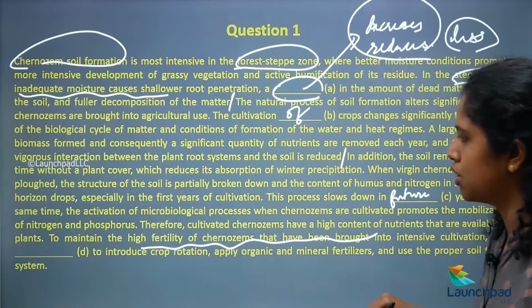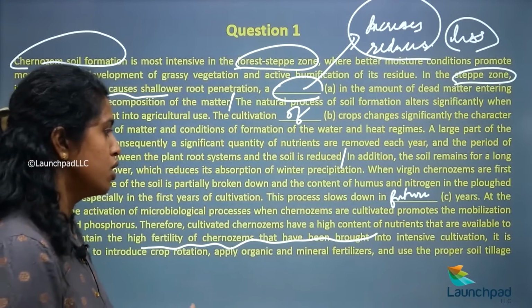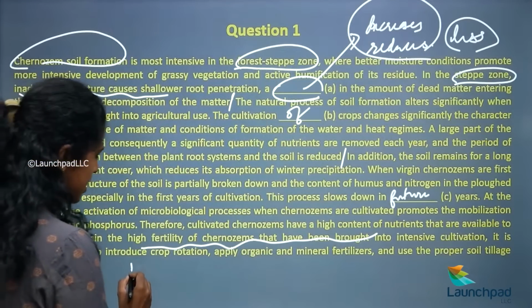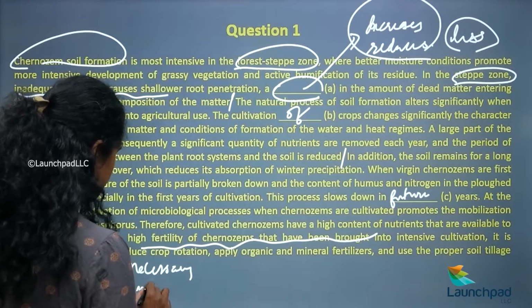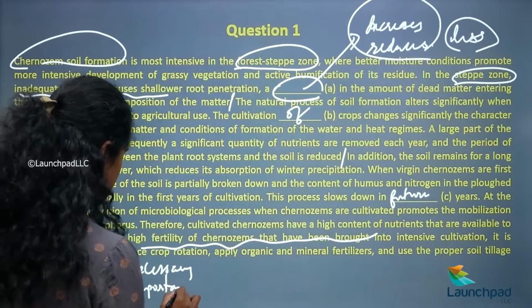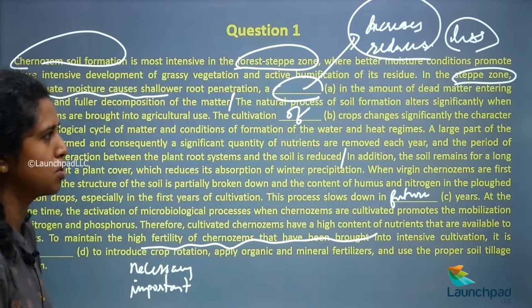So what you need to do, you have to introduce crop rotation. So they're telling you have to. So maybe you can say it is necessary or it is important. Yes. So these kind of meaningful words can be chosen, right?